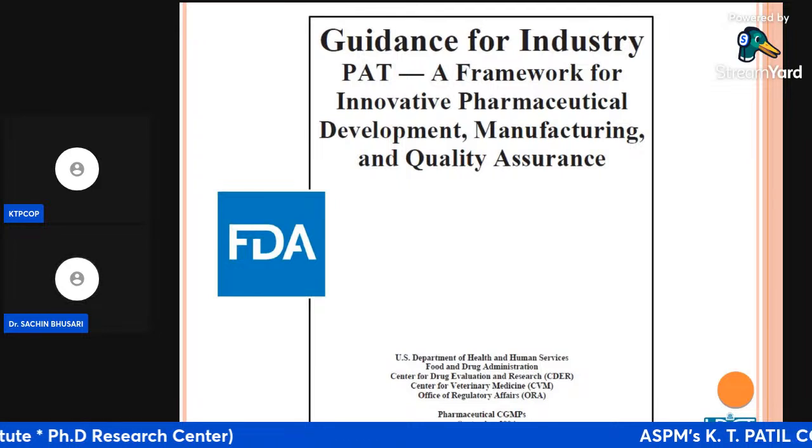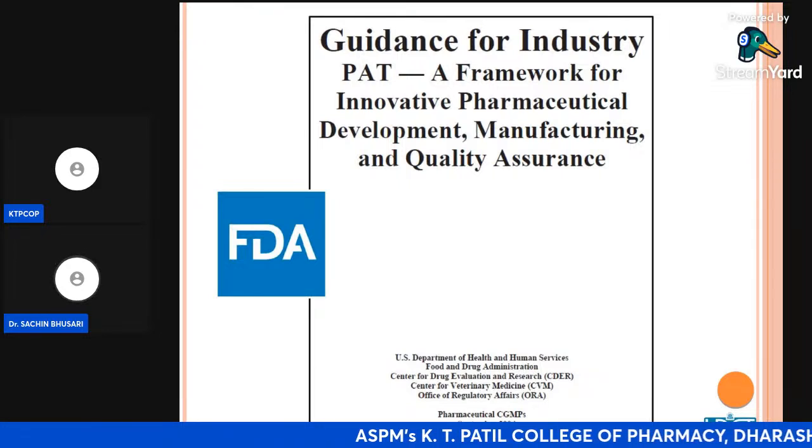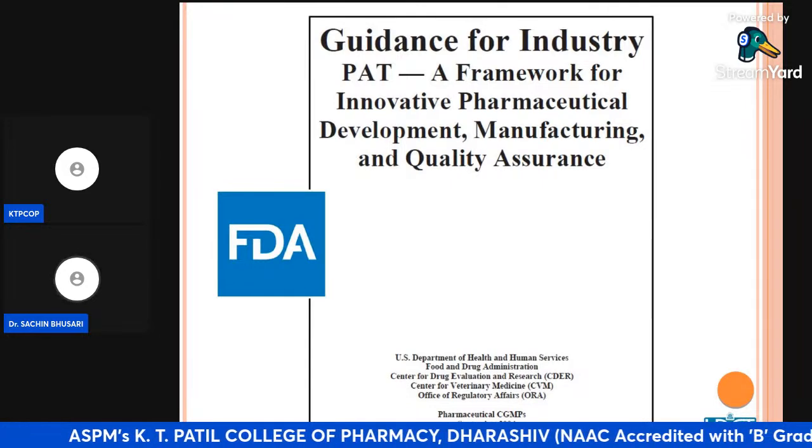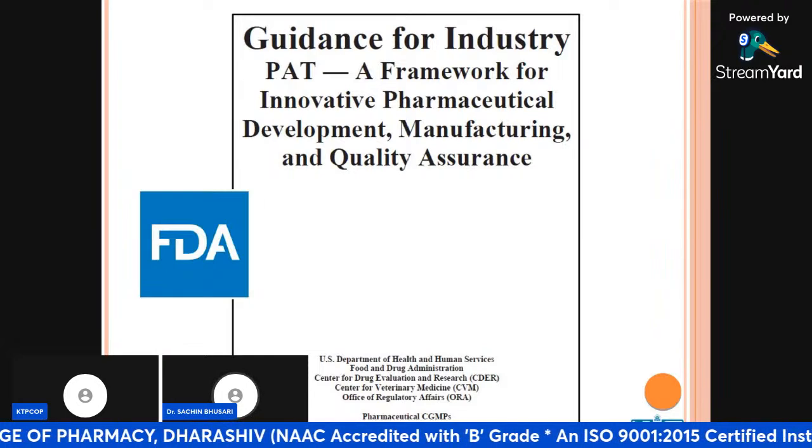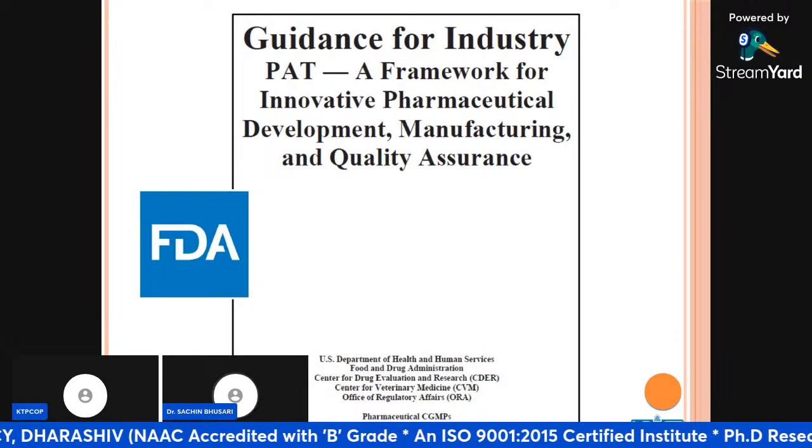But now they are into innovative pharmaceutical development. So the guideline itself says that you can have innovation in your pharmaceutical development, in your manufacturing also, and quality assurance also. That was the beautiful part which was introduced by the USFDA in 2004.